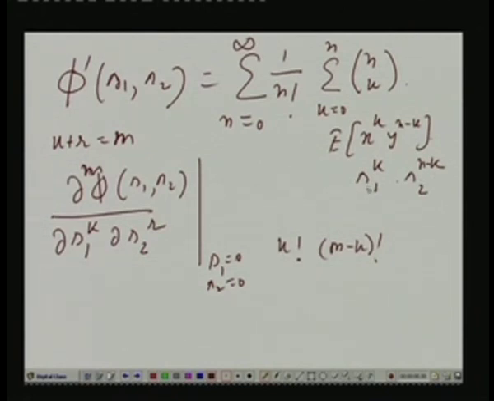On the other hand, if you take a term S1 to the power k minus 1 and here S2 to the power m minus k plus 1, so this power here is higher by 1, for S1 power is less by 1, that is k minus 1, and now differentiating with respect to S1 k times, again this factor will become 0, because power is k minus 1, but you are differentiating k times.